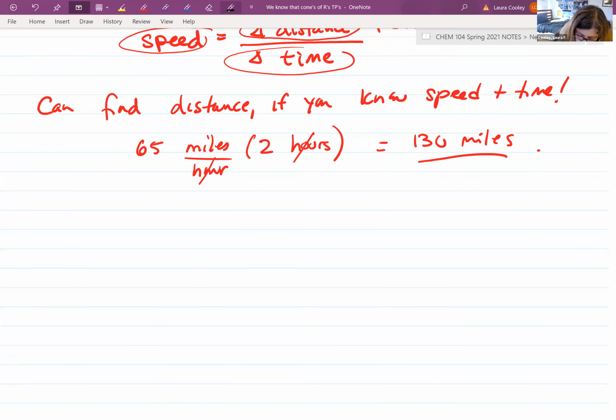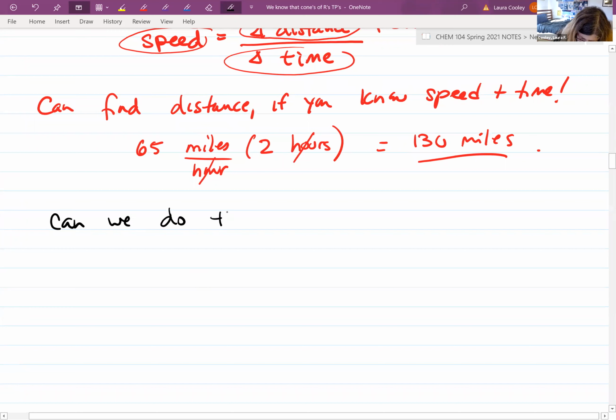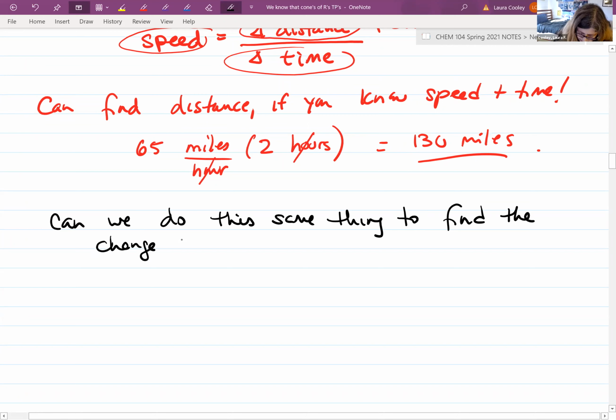So here's my question to you. Can we do the same thing to find the change in concentration at a certain time after a chemical reaction starts?